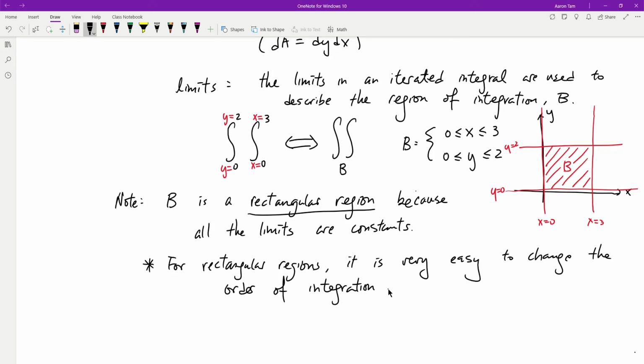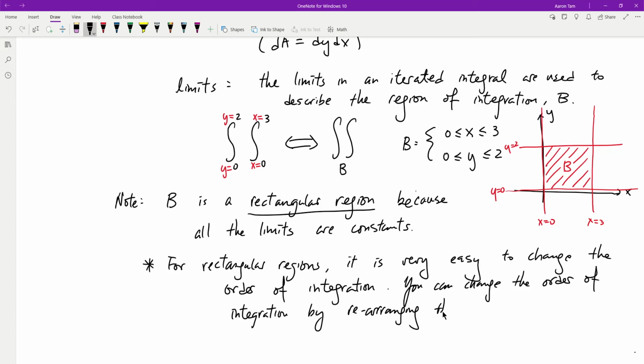All you have to do is simply reverse the differentials and also reverse the integral symbols. You can change the order of integration simply by rearranging the differentials and the integral symbols.